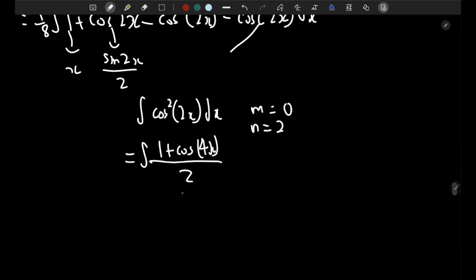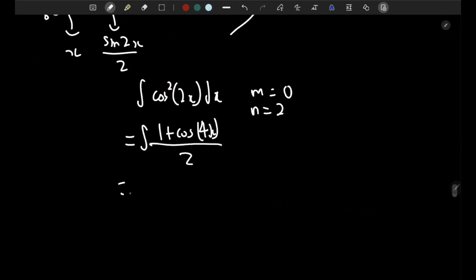So now I'm going to take the half outside the integral, so it's going to become half integral of 1 plus cosine 4x, and here we can just simplify directly. So if we go to write dx here, it's going to be x plus sine 4x over 4, since we take the derivative of the angle and it divides it.